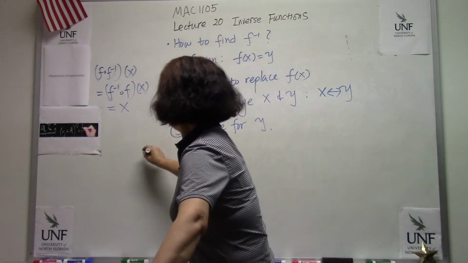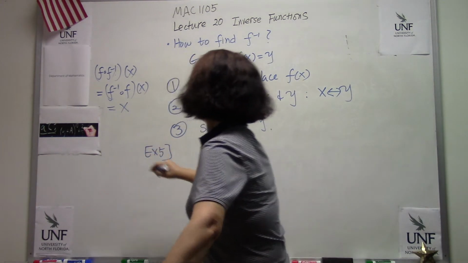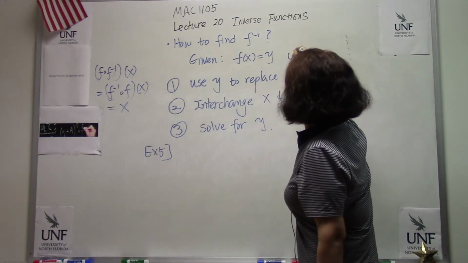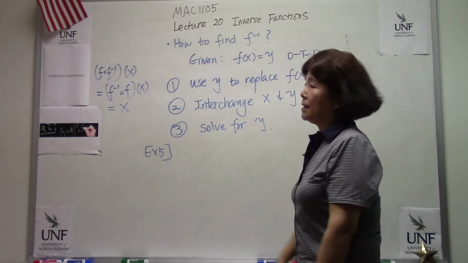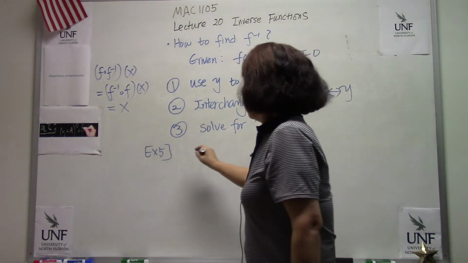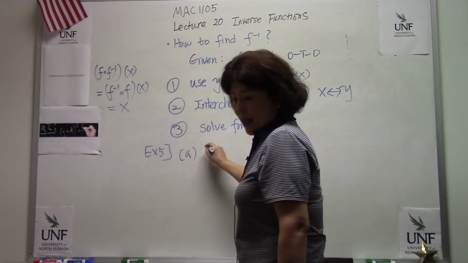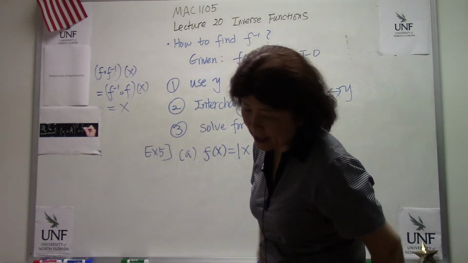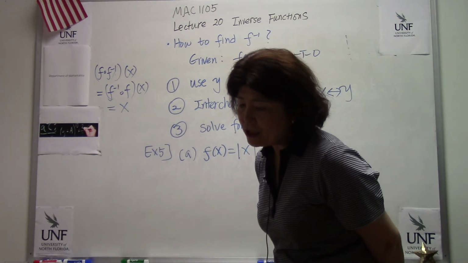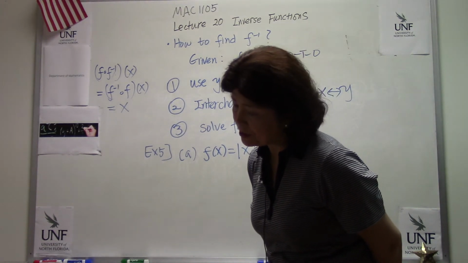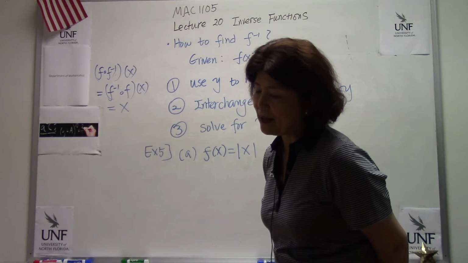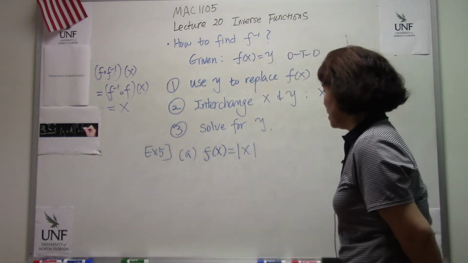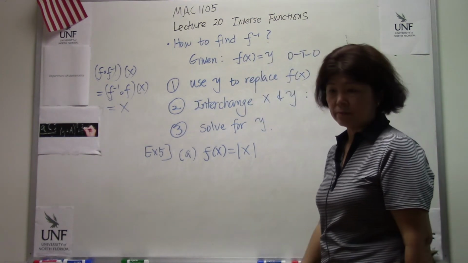Example 5. Again, this is one-to-one. That part is given. Here, function a is f of x equals the absolute value of x, and they ask us to decide whether each function defines a one-to-one function. If so, find the equation of the inverse. Well, is this a one-to-one function?